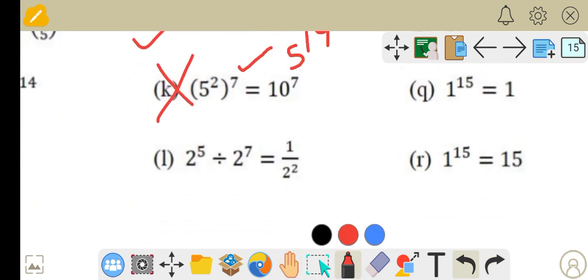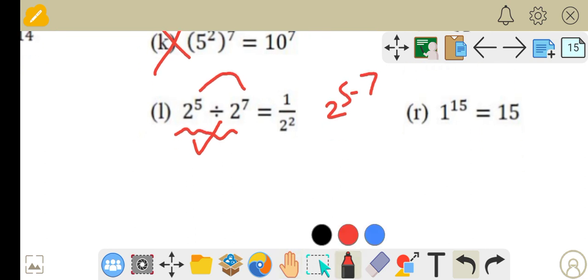Again we have the same base with different exponents in the case of division, so exponents should be subtracted from the first exponent, so it will be 2 to the power 5 minus 7. But we also have another rule that if we want to write our answer in the denominator, we can subtract the second number, so it will be 1 upon 2 to the power 7 minus 5, so it is also correct.